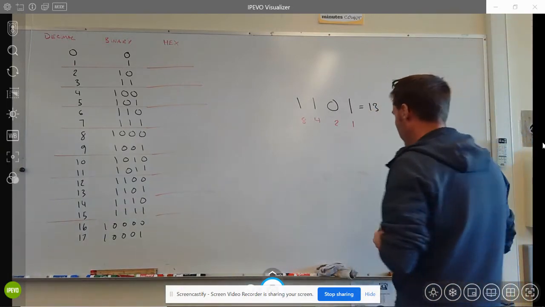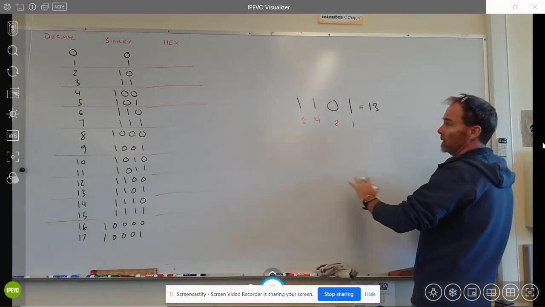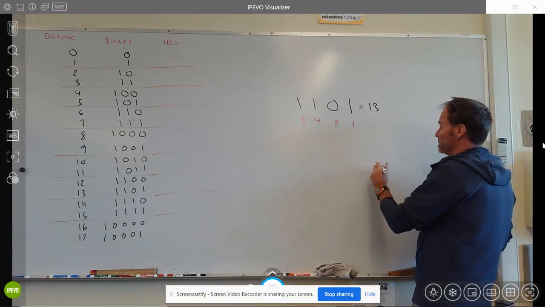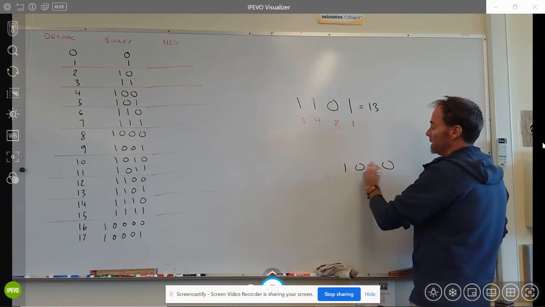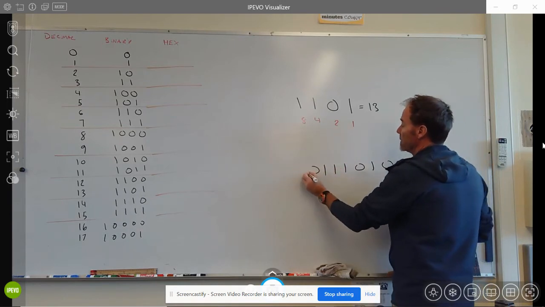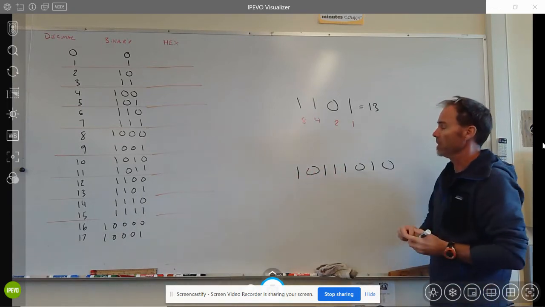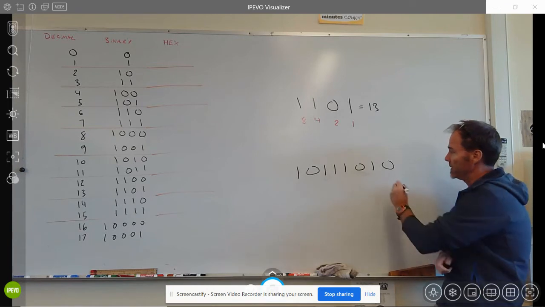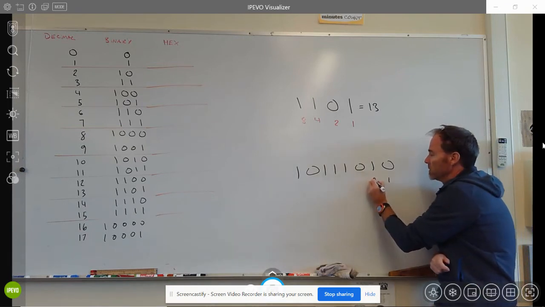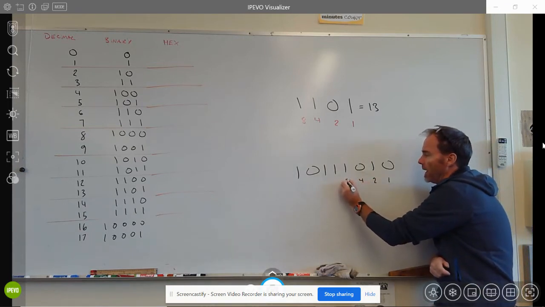So check it out. As I go out larger in binary, I did 1 0 1 0, and the opposite, 1 1 0 1. Let's say this is a binary number I need to convert. The first digits are 1s, 2, 4, 8.